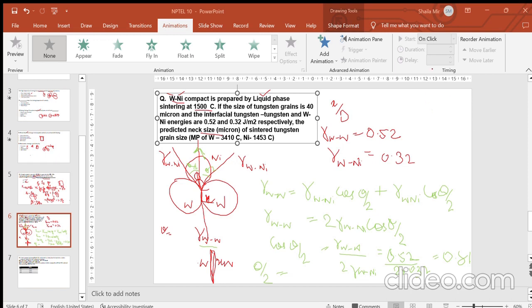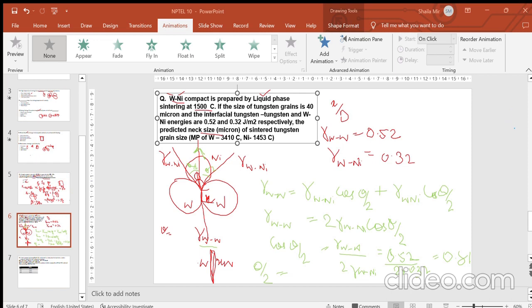So I can write here that sine of theta by 2 is equal to x by 2 divided by d by 2, because this is the angle and this is its perpendicular, and this distance between the two will be d by 2.